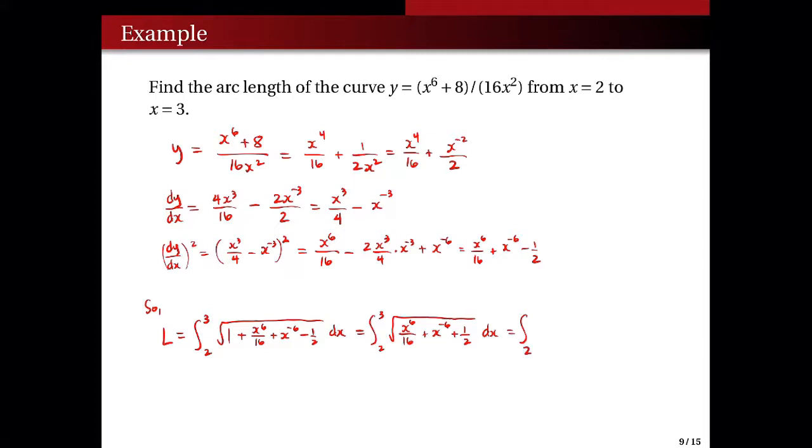So you have the integral from 2 to 3. The one inside the square root, what you have there is x cubed over 4 plus x raised to negative 3, quantity squared. Then you have the dx.